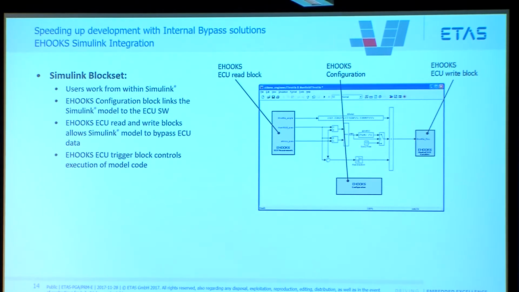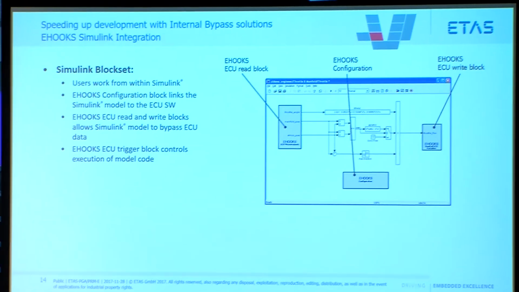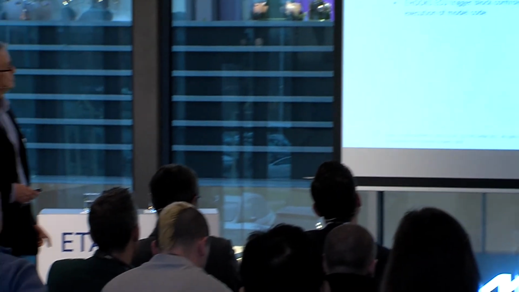So in addition to placing hooks into the software, eHooks can also be used to actually integrate the new function into the ECU software. So for Simulink users, it provides an eHooks block set, and the Simulink user can work as normal from within Simulink to develop their model.